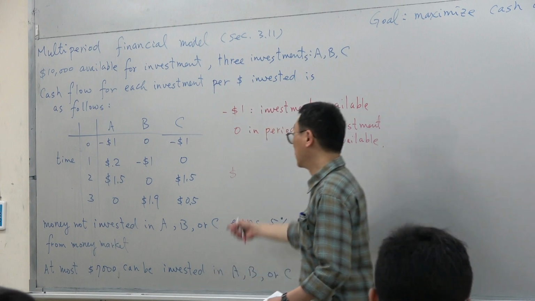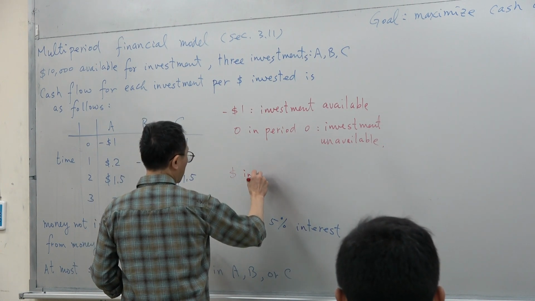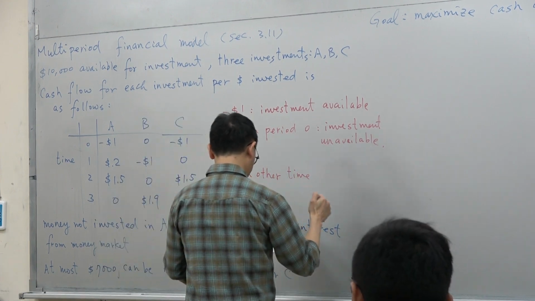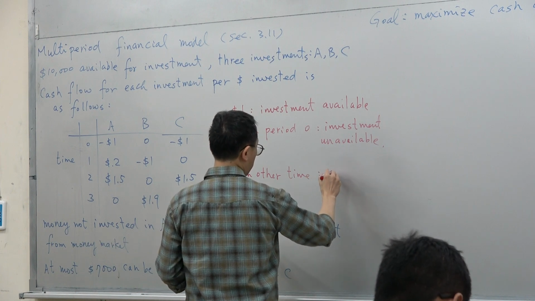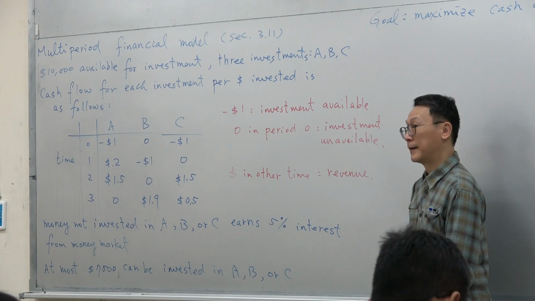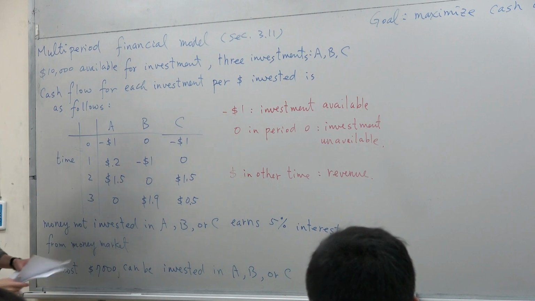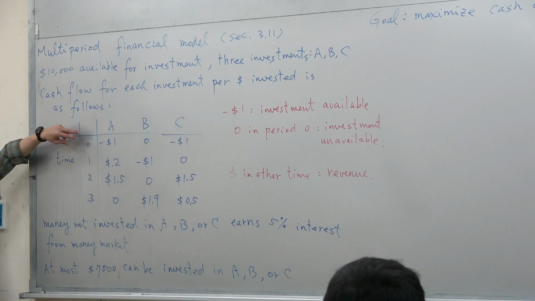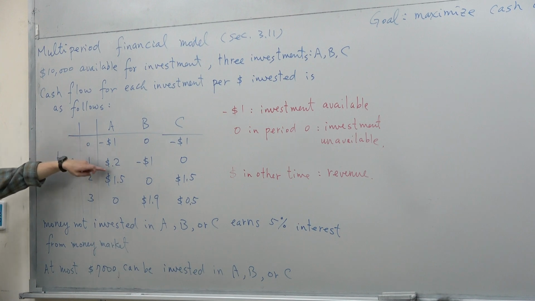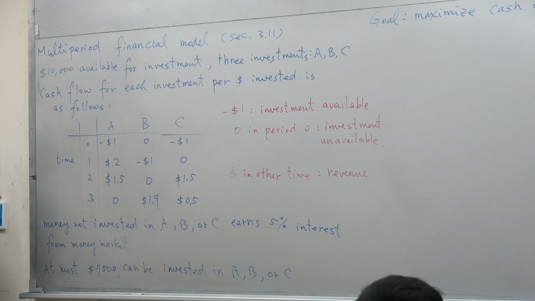1.5, 0.2, 1.5, 0.5. So it means that if I invest in A at time 0, I will get a return of 0.2 in period 1 and a return of 1.5 in period 2.